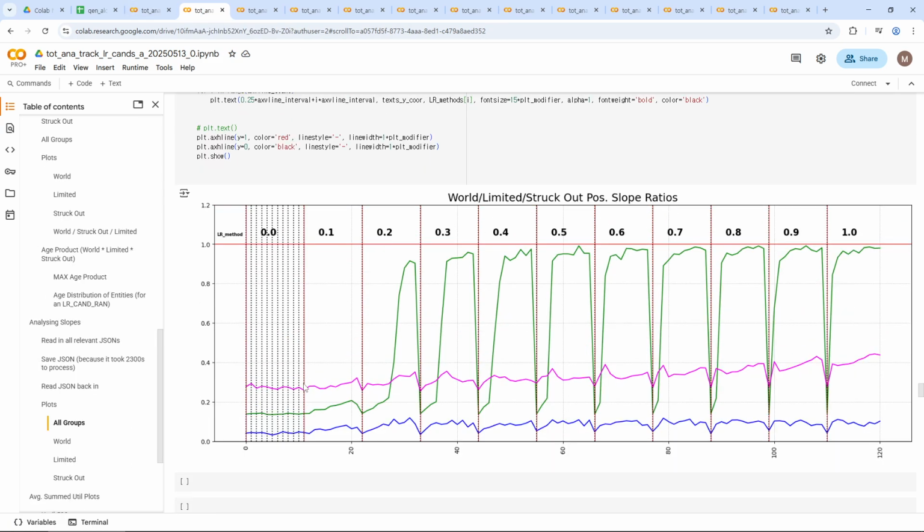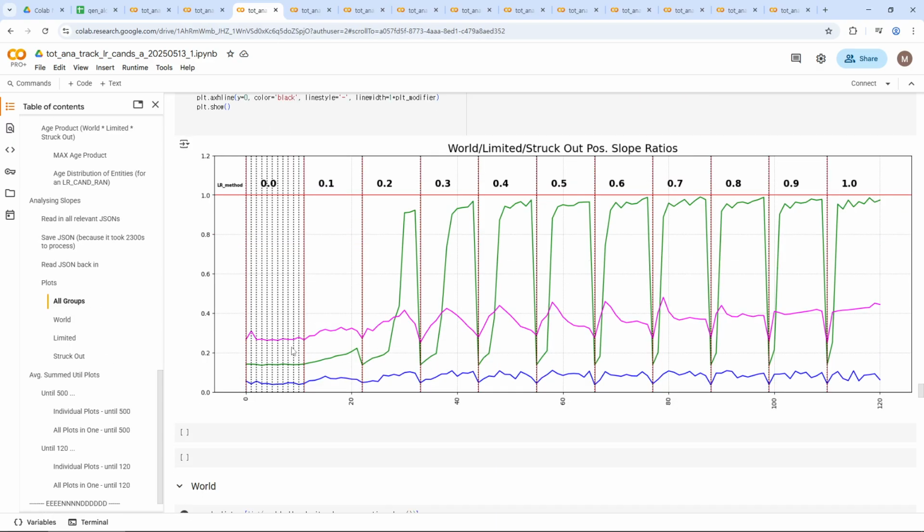It goes up, spikes down, and for the struck out entities it's about the same. The positive slope ratio for the struck out entities just decreases and stays there for a bit until this point.